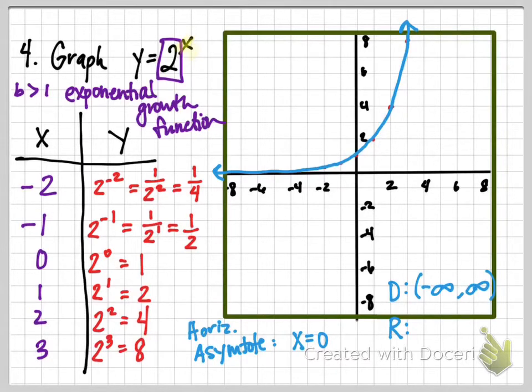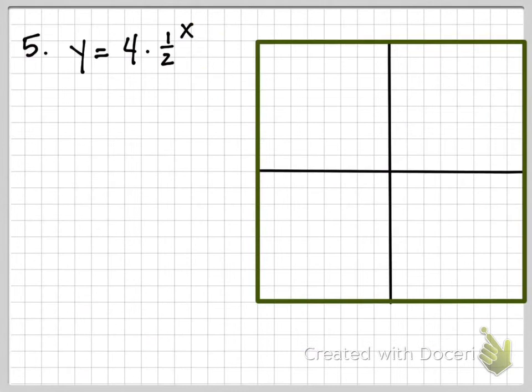My range, it starts at 0 and it goes to +infinity, so 0 to infinity. If it's a growth function, your range will always start from the bottom and go to +infinity. If it's a decay function, then it'll start from -infinity and then stop at a value. It's a good way to remember.